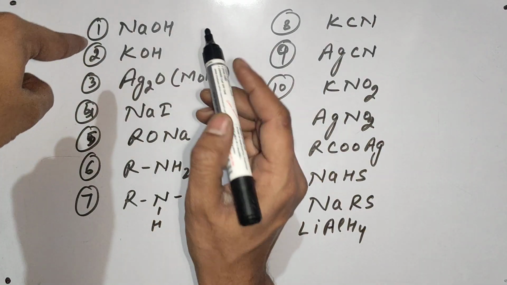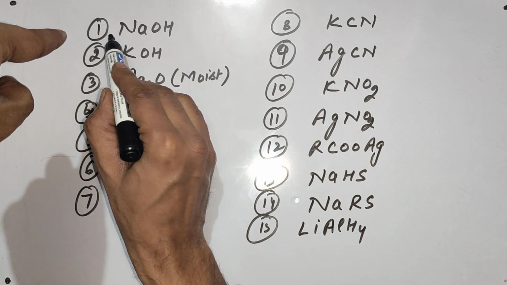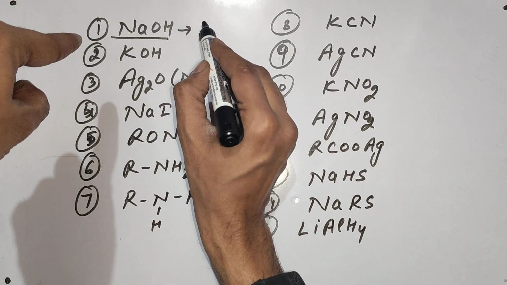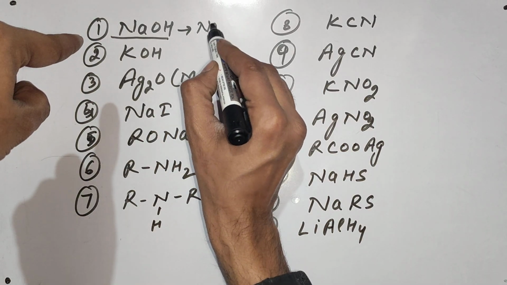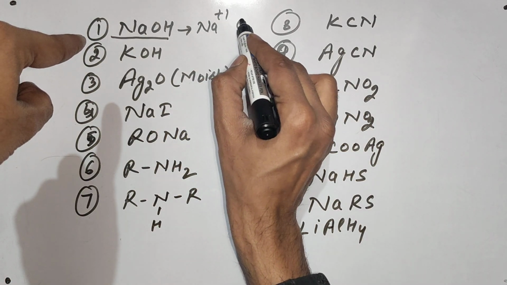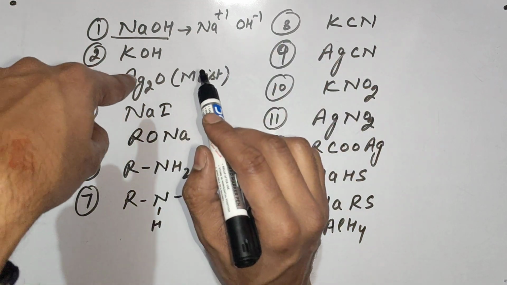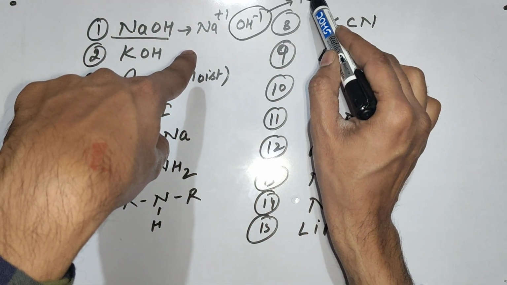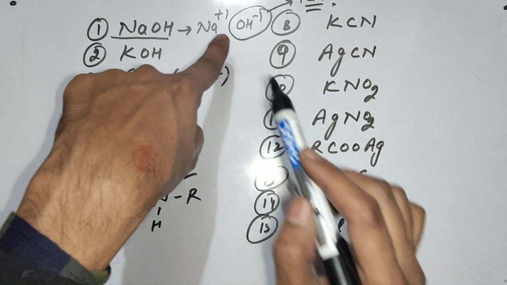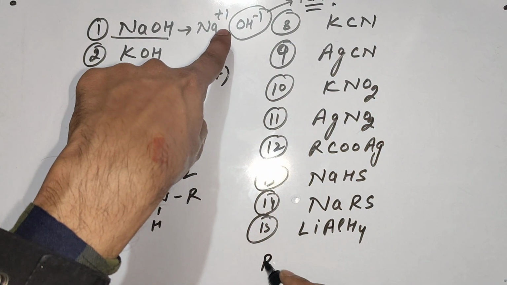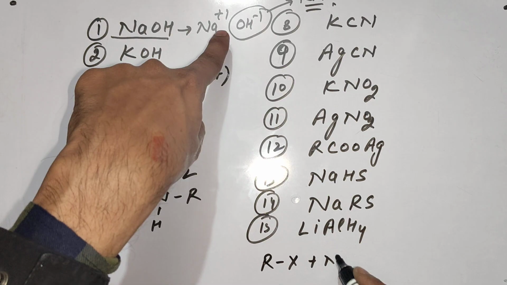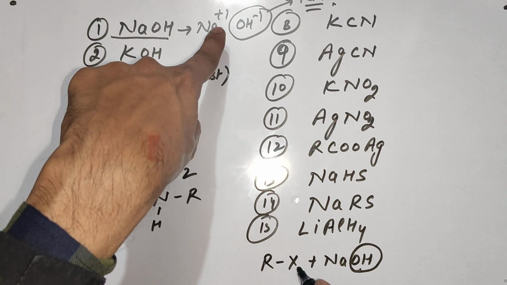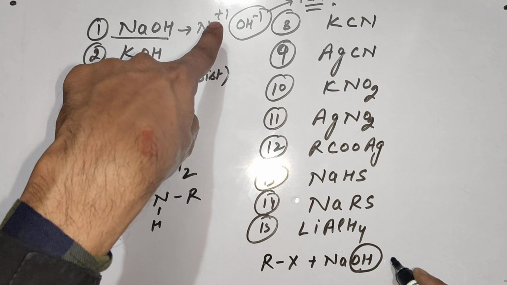But how? Let's check. For example, NaOH. We know NaOH always breaks into two parts, Na positive and OH negative. OH negative is working as a nucleophile here. Means when our RX reacts with NaOH, OH is a nucleophile which is stronger than X, so OH will substitute it.